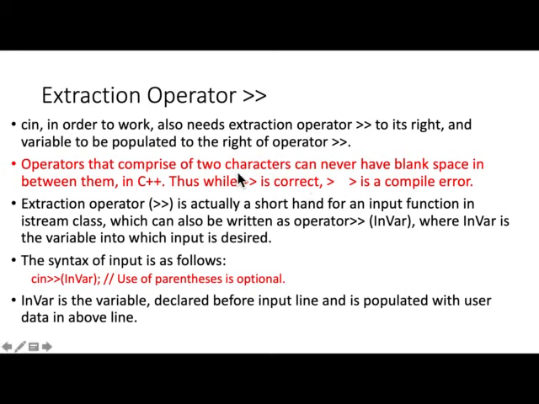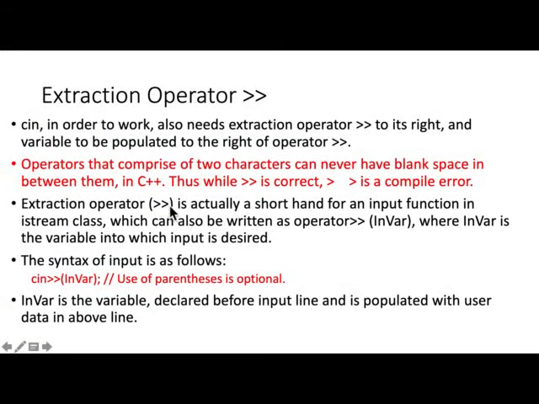So while the extraction operator written without any space between the two greater than signs is correct, if you type it this way, one greater than sign, and then you leave a whole bunch of space and another one, that's a compile error, because you're violating the rule that in a two character operator in C++, the characters cannot have white space in between. That's a C++ rule. Okay.